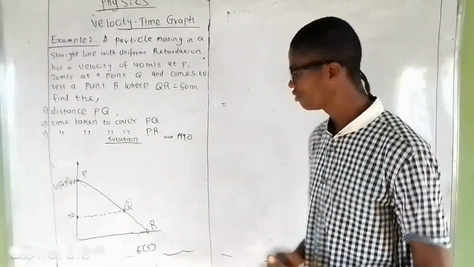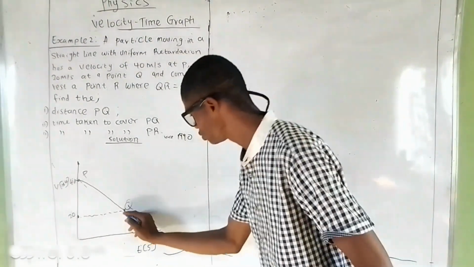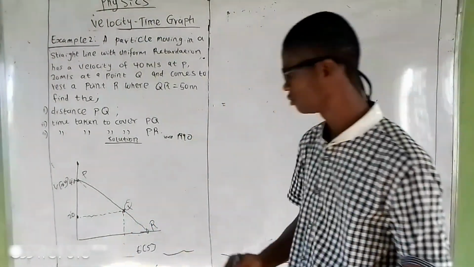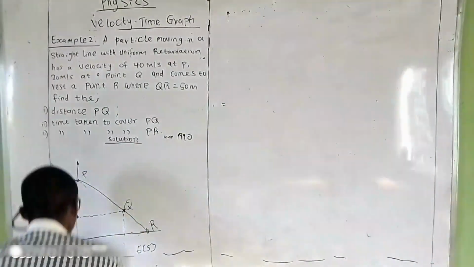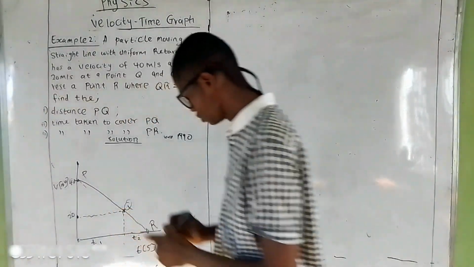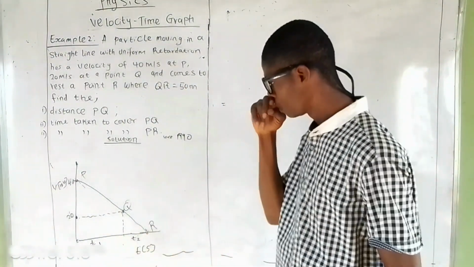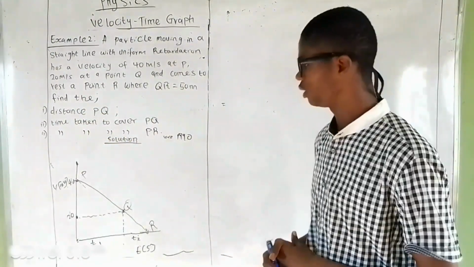So we can see the diagram we have, it was retarded. Now we can trace something like this down for emphasis. We have t1, the first time for it to move from here to here, and for it to move from here to rest, it is t2. So t1 and t2. Now, how can we solve for the distance of PQ?